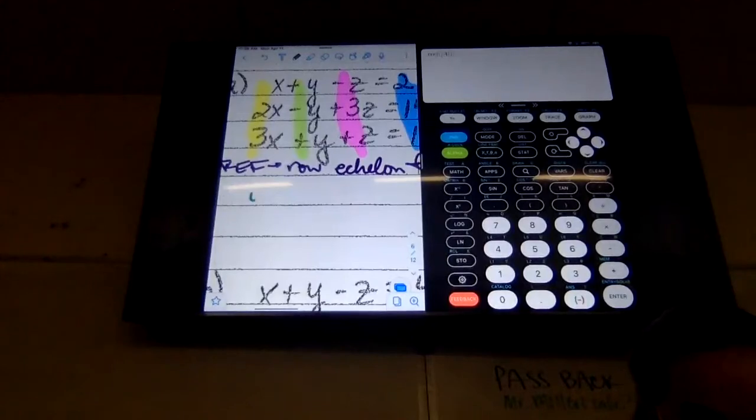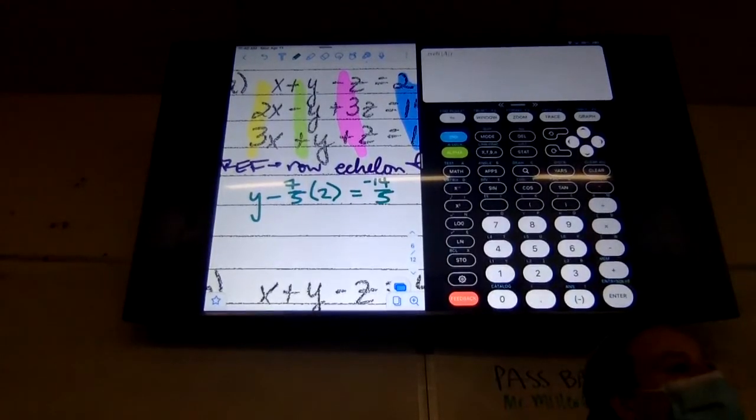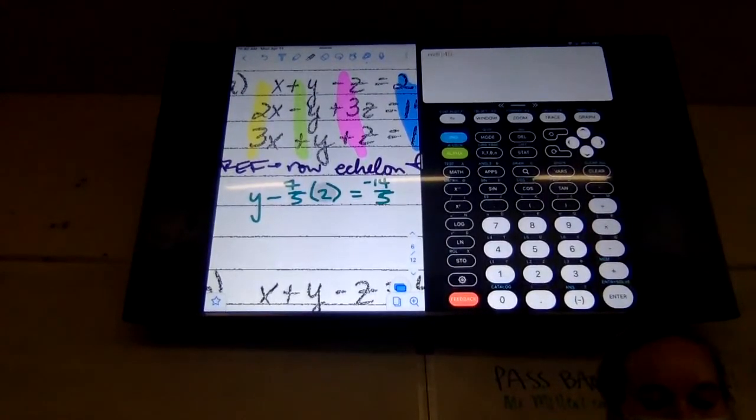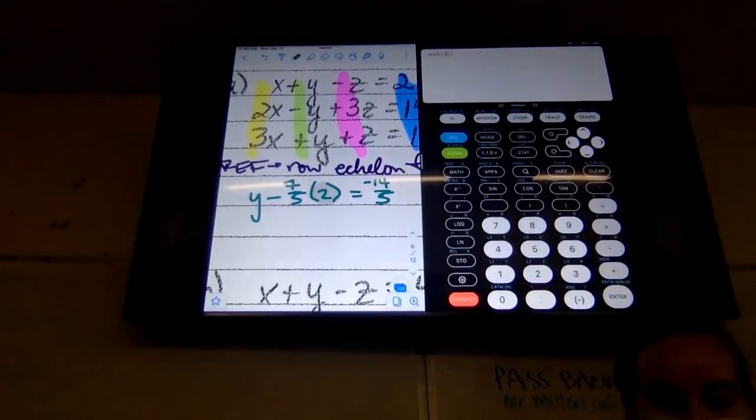So instead of doing y minus 7/5 z equals -14/5, I'm going to plug a 2 in for that z. So I'm substituting in. I got z equals 2, and I'm going to substitute that 2 in. All right, -7/5 times 2 is going to be -14/5.